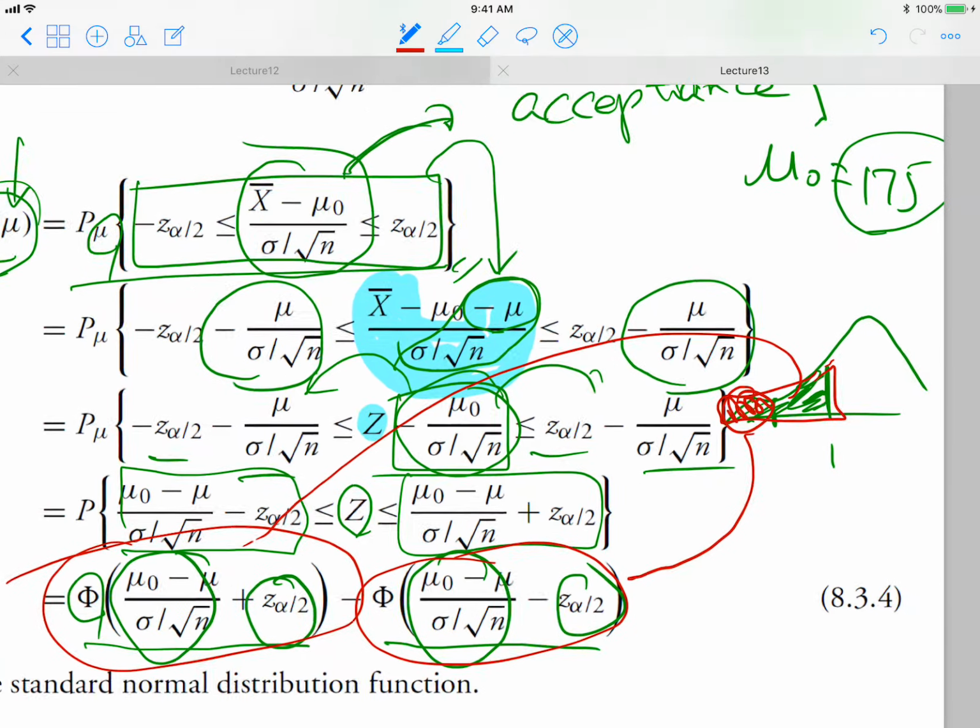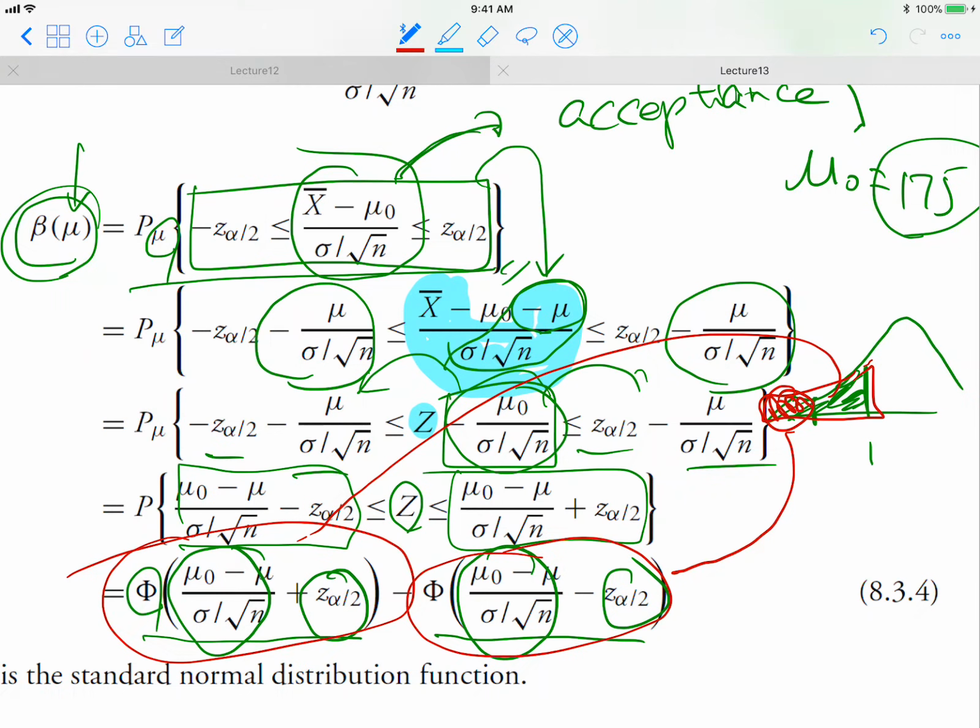Okay, and then let's try to understand just a little bit more on this equation. So again, your distribution is having the center, or the mean value, at 185, right? And then your acceptance region was centered at 175, right? And then you have to consider this difference, right?